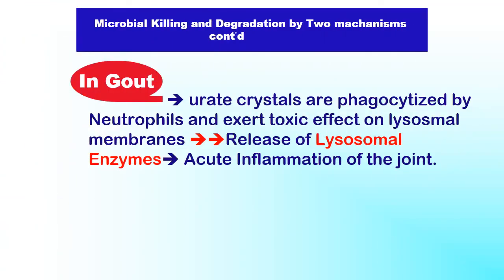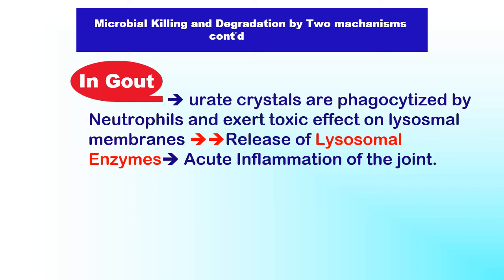We take an example of tissue injury and destruction by release of a large amount of lysosomal enzymes, which cannot be counteracted and controlled by glutathione peroxidase because of their large amount, as in gout.